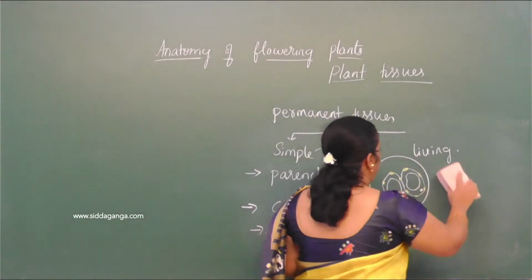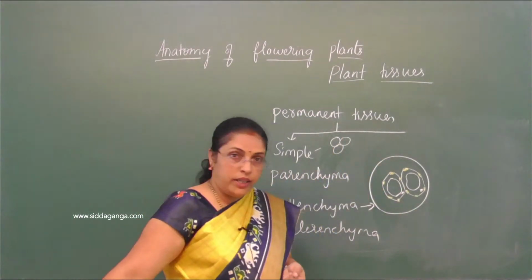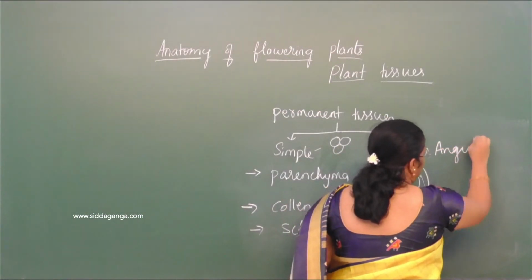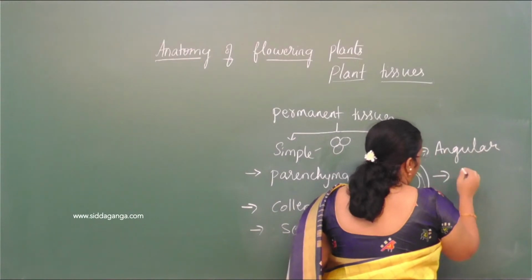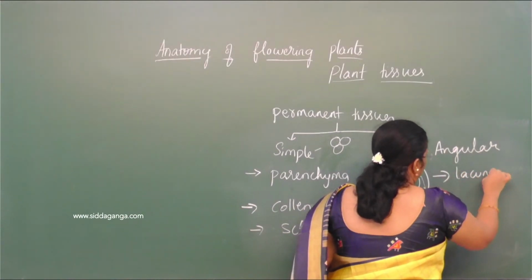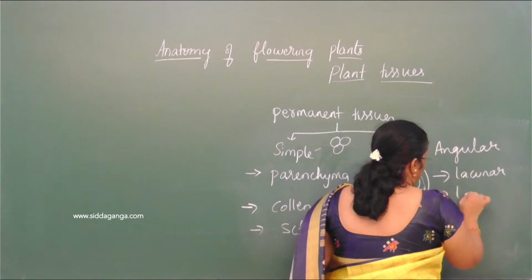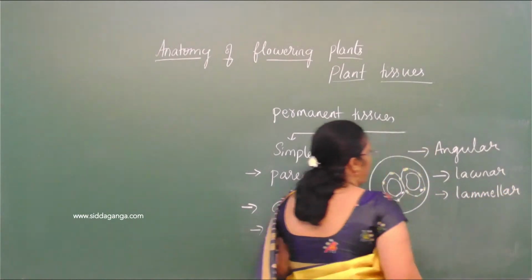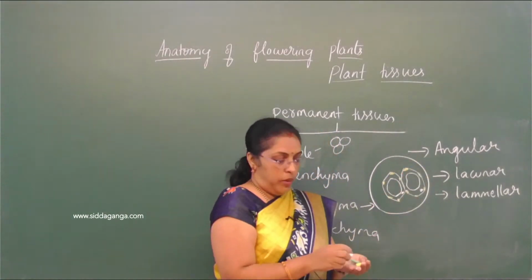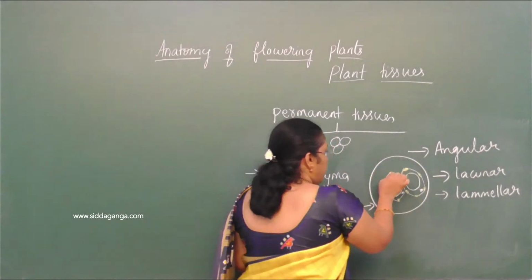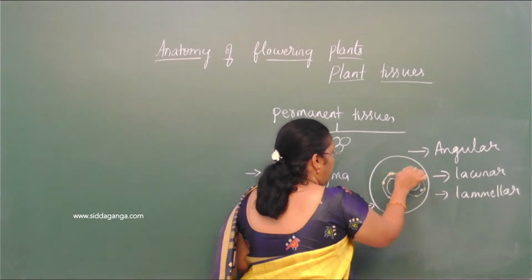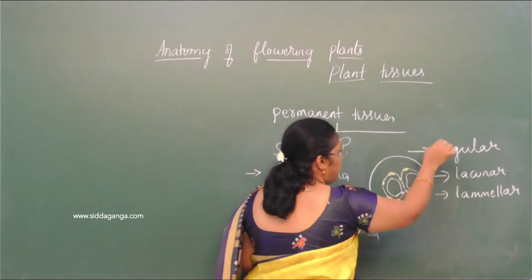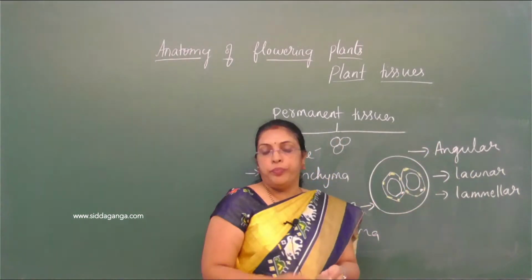Classification of collenchyma. We have three types: angular collenchyma, lacunar collenchyma, then lamellar collenchyma. In the angular collenchyma, we see secondary wall deposition, pectin deposition, at the angles of a cell; that comes under angular collenchyma.